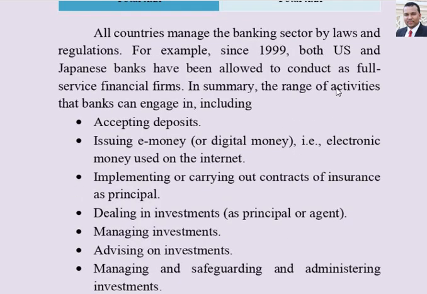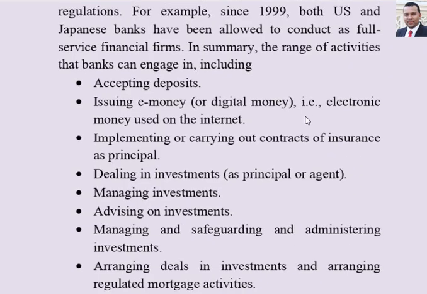We define the banks by their main activities: accepting deposits and offering loans. Some countries like the USA and Japan determine the activities provided by the banks. In this case, we talk about accepting deposits and issuing electronic money or digital money.